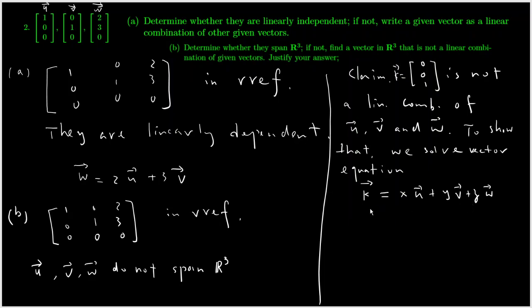So to determine that, we want to show that the equation has no solutions, which means it's not possible to write k as a linear combination of U, V, and W. Again, we want to show the vector equation has no solutions.